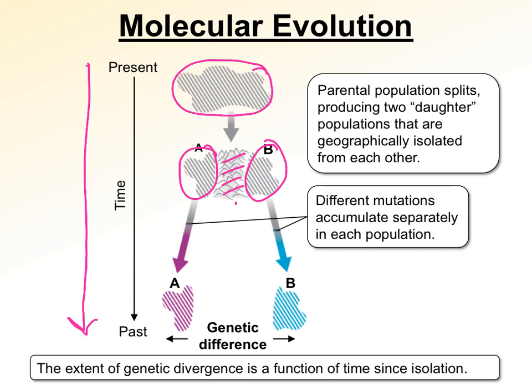Well, if enough time passes, Group A, moving on its journey, can accumulate mutations that are different from Group B, moving on its journey. And then you could lead to differences between Group A and B over time. And this is how speciation occurs, which we're going to talk more about in the next section.